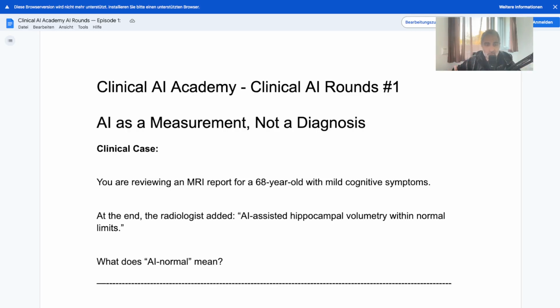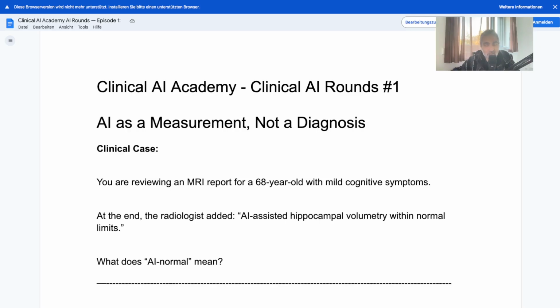The algorithm segments the hippocampus, goes and tries to find its margins using specific AI algorithms, and then calculates the volume of the hippocampus and compares it against a reference data set.